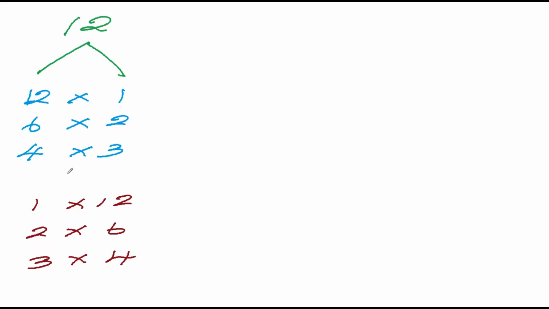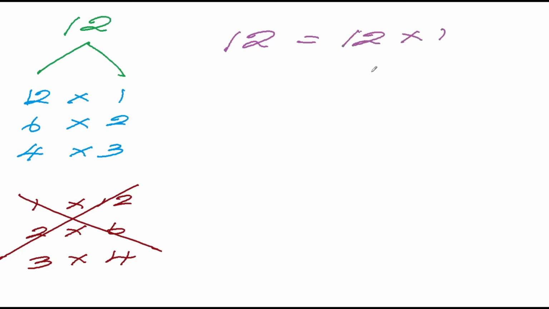But we have mentioned it before. 1 into 12 is exactly the same thing as 12 into 1. 2 into 6 is exactly the same thing as 6 into 2. 3 into 4 is exactly the same thing as 4 into 3. There's no point in writing them back. Right? Then I can write down 12 equals 12 into 1, correct? 6 into 2, correct? 4 into 3.